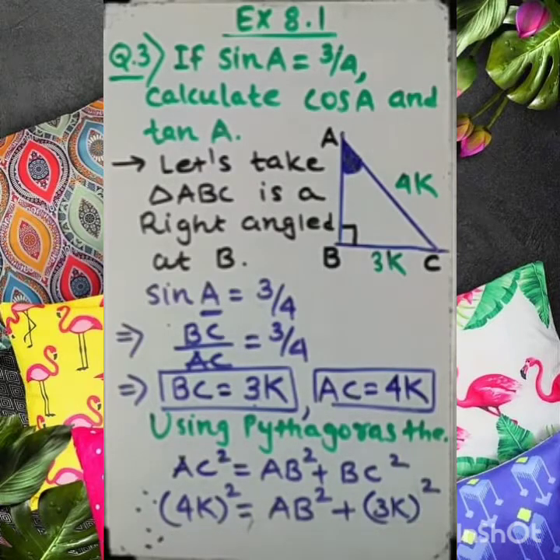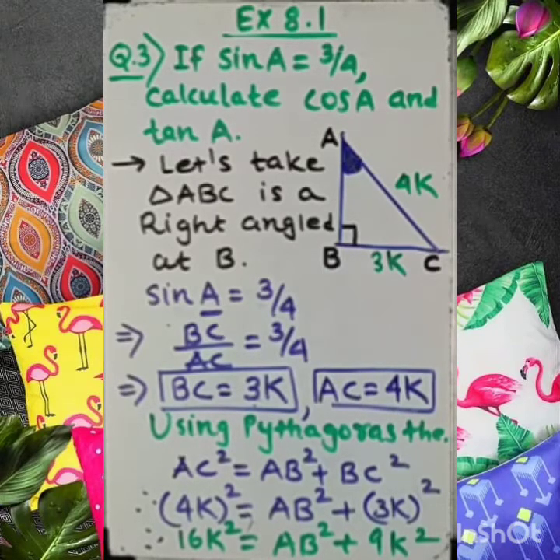Now the simplification of this step: 4K square means 16K square, that is equal to AB square plus 3K whole square, which is 9K square. Very simple, very easy. Let's see the further solution.